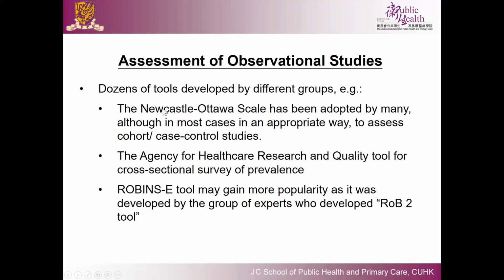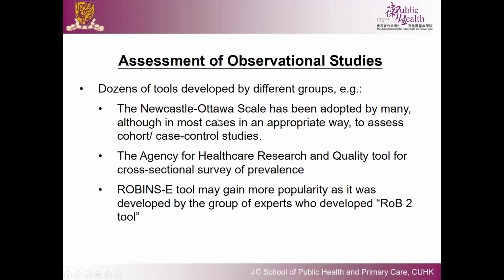For example, the so-called Newcastle-Ottawa Scale, NOS. This one has been adopted by many systematic reviews to assess the quality of cohort studies and case control studies. Although many of them use it in the wrong way, in my view. Okay, I will show you later why it is not appropriate.